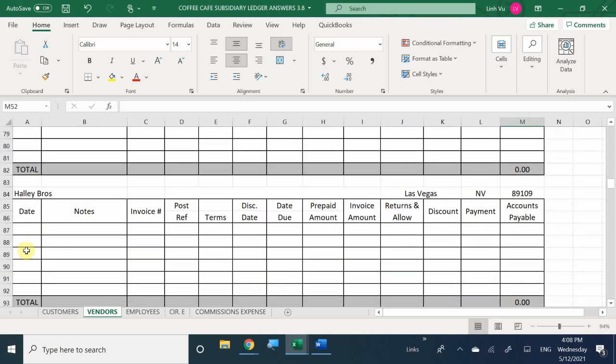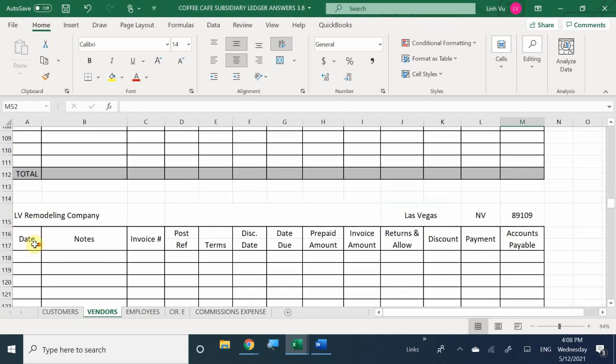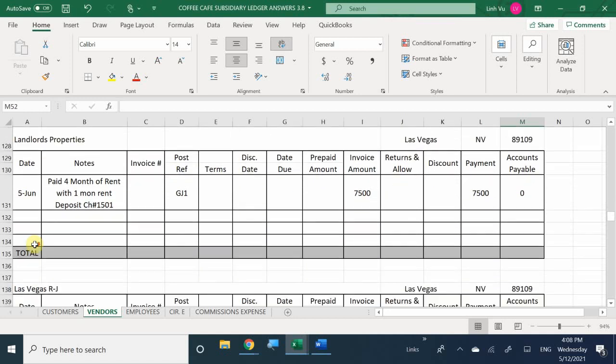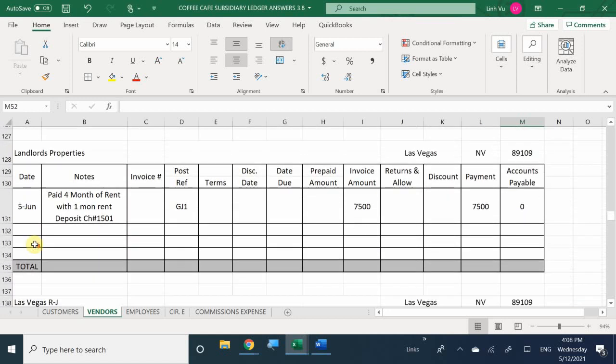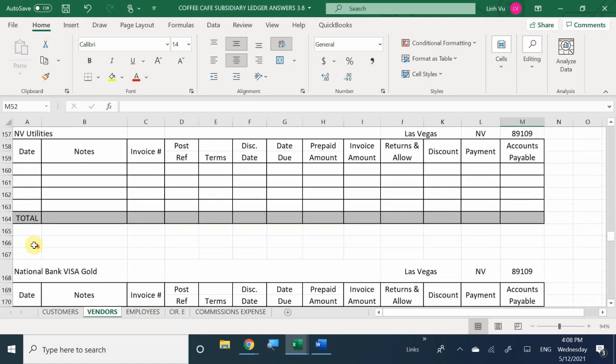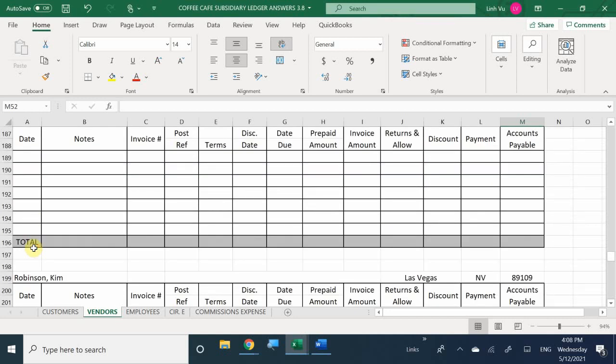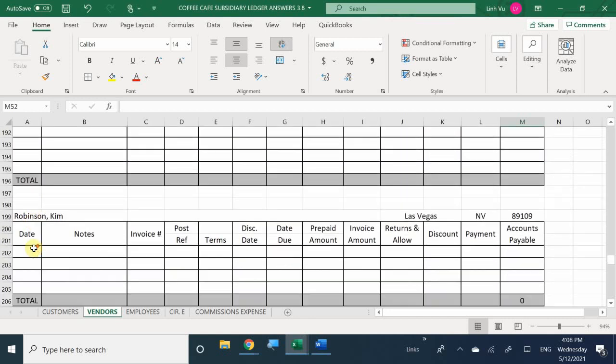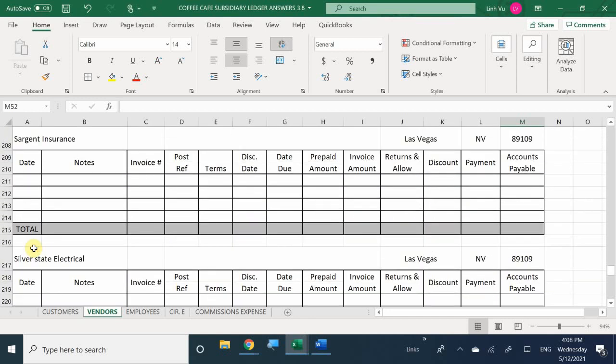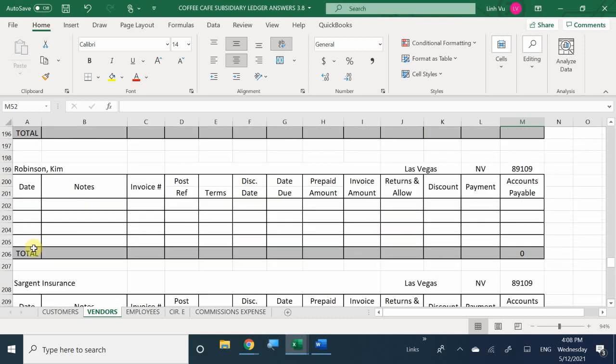So same concept here, right? No, we haven't encountered a vendor that's going to give us a discount, especially for an insurance company. They are definitely not going to give you a discount on anything. You see what you get, you pay for it. All right, so Sergeant Insurance should be here.